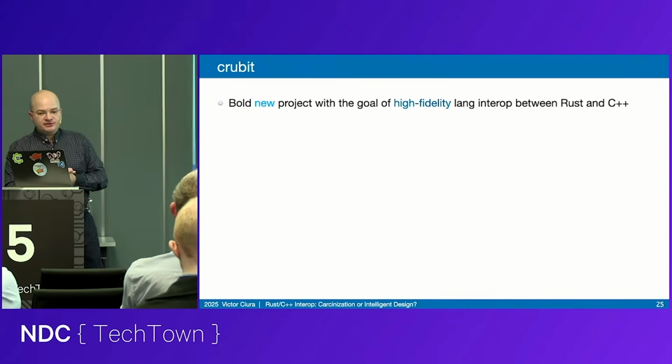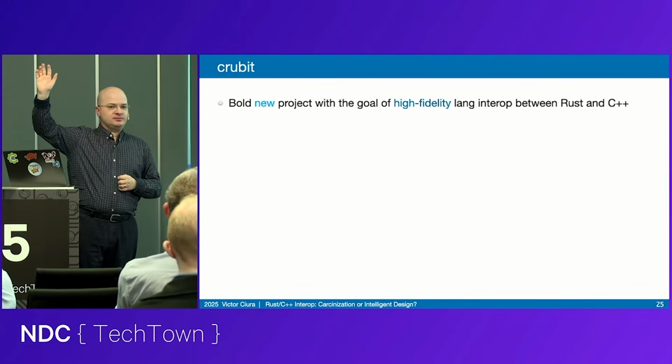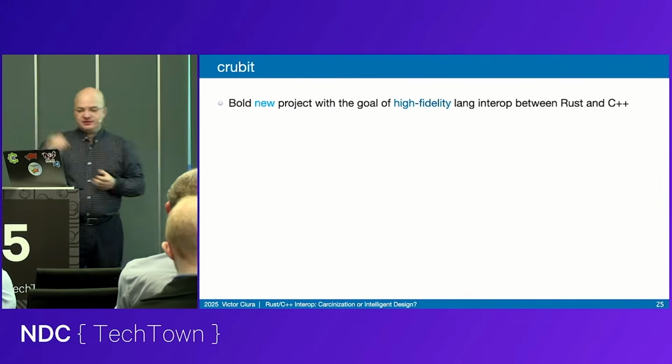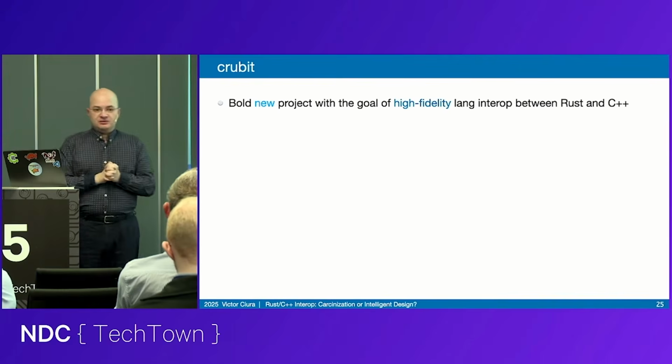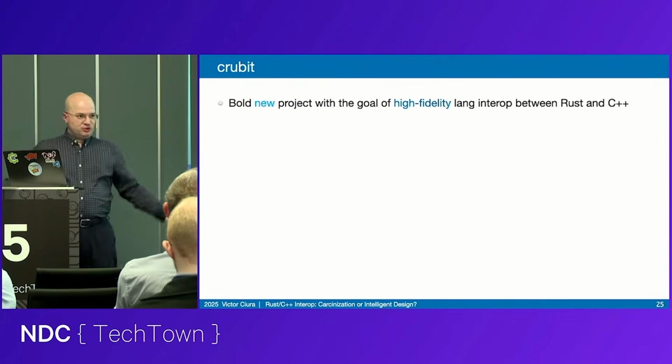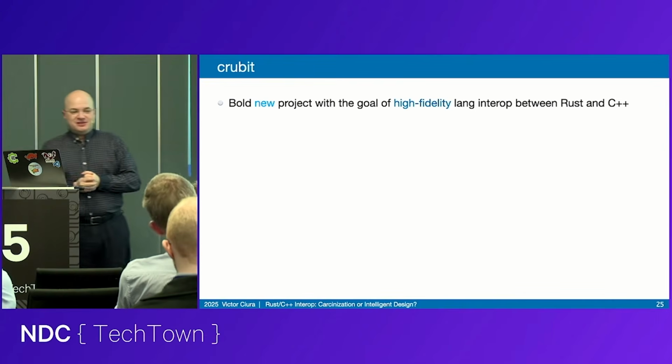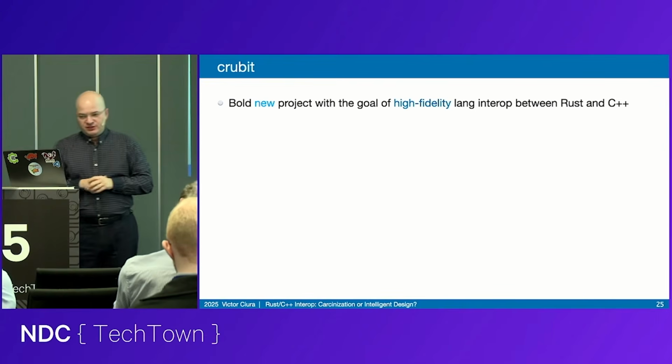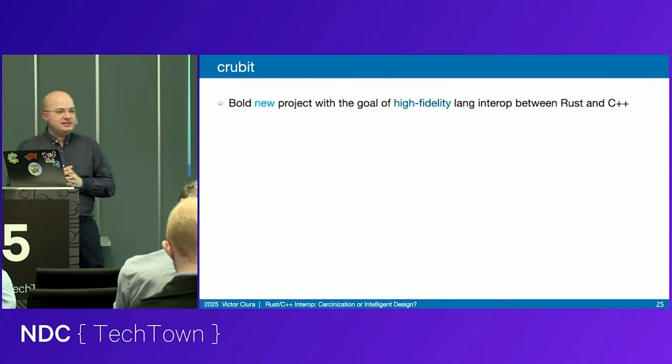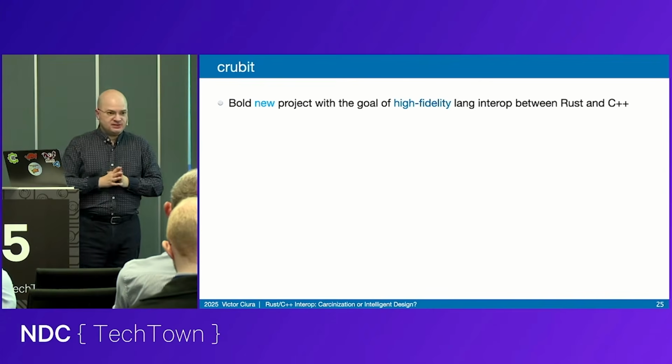Another one is Crubit. Who has heard of Crubit? Again, no hands. Great. Literally great. I get to boast about it. This is a very new project with the goal of high fidelity language interop between Rust and C++.